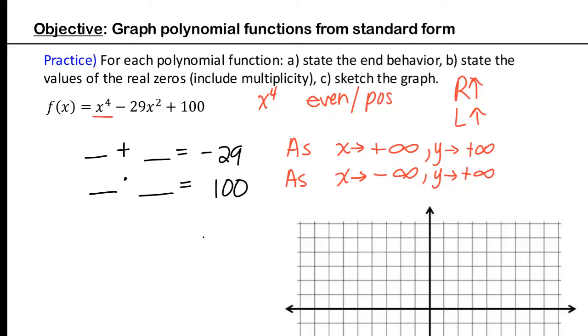You got 1 and 100, 2 and 50, 4 and 25, 5 and 20, and I think that's it. So out of all those, which one could give me the negative 29? 4 and 25. Good. But both negative. Negative 4 times negative 25 is positive 100. And negative 4 plus negative 25 gives you negative 29.